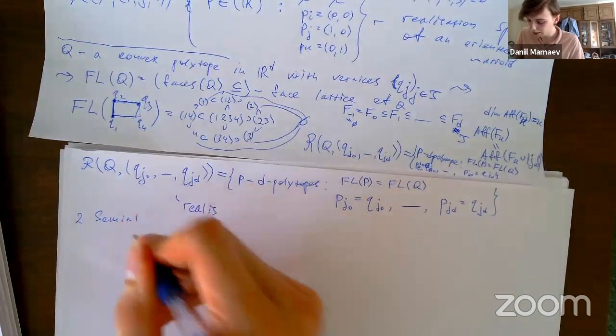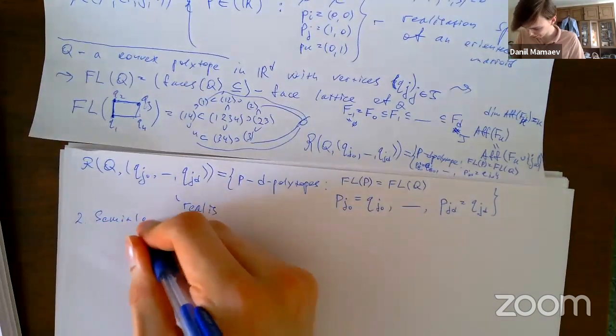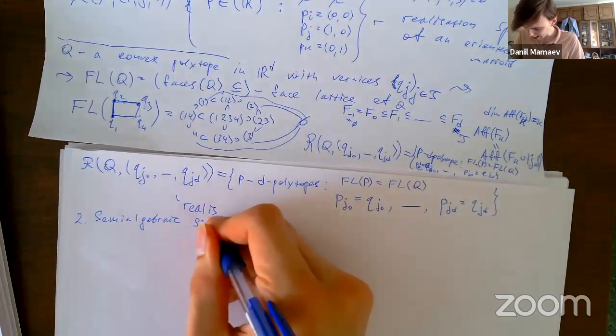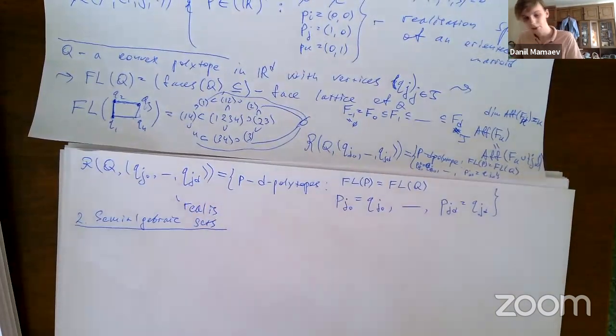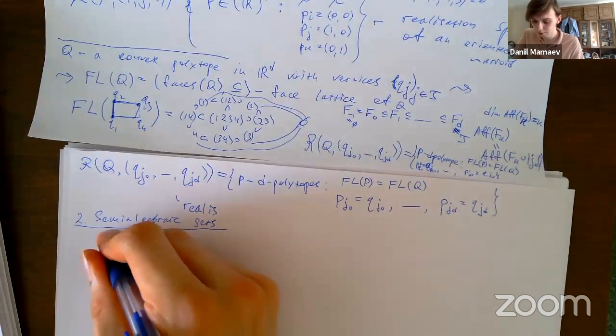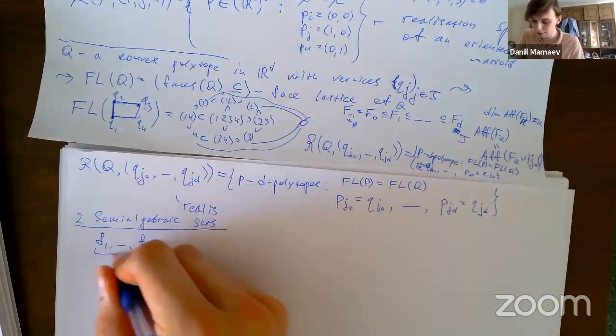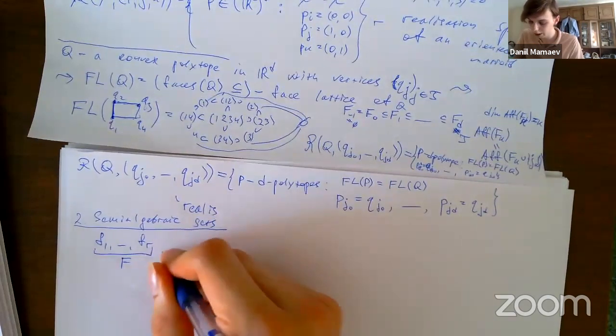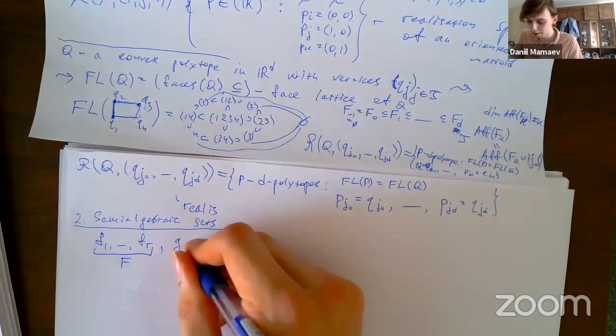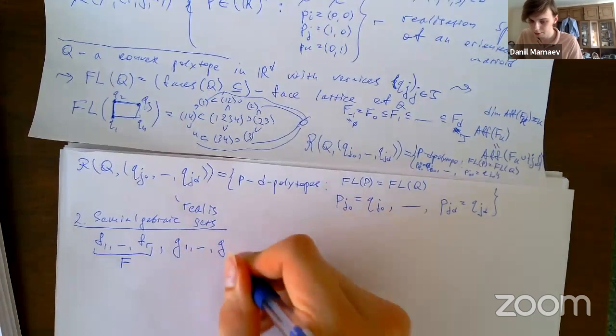Now let me say something about semi-algebraic sets. Suppose we have 3 collections of polynomials. These are Fs, that would be collection F. These are Gs.